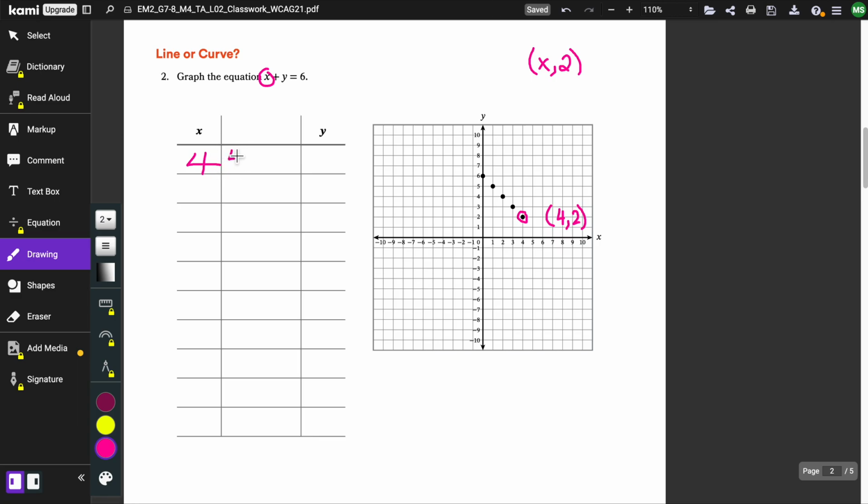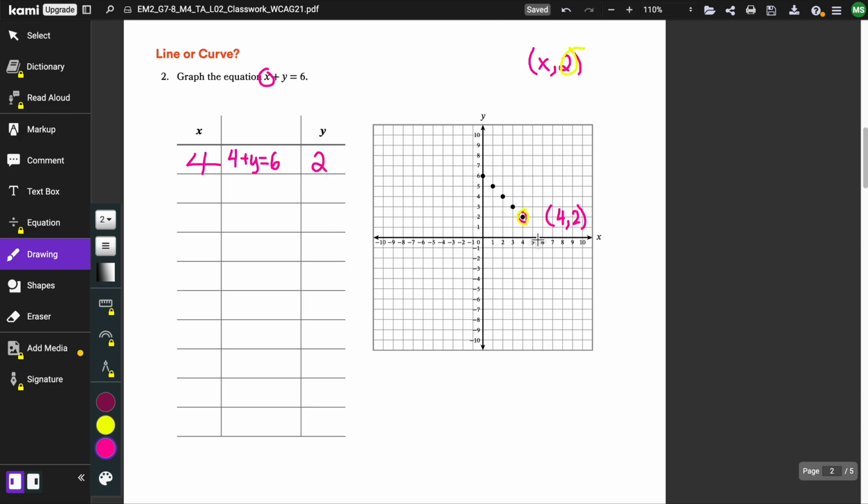So 4 plus y, this equation is saying, has to equal 6. Obviously, 4 plus 2 is 6, so that means that this point, 4, 2, is a point on this line.